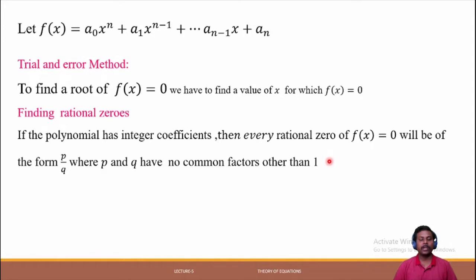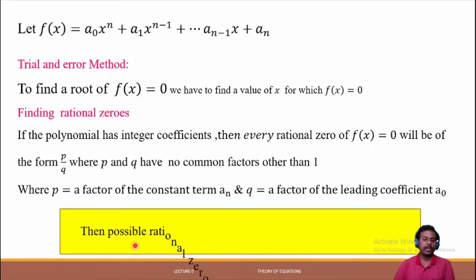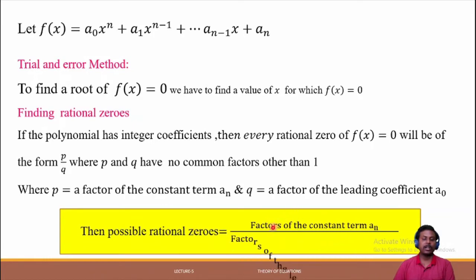Here p is a factor of the constant term a n and q is a factor of the leading coefficient a naught. Then the possible rational zeros are the factors of the constant term a n divided by the factors of the leading coefficient a naught.